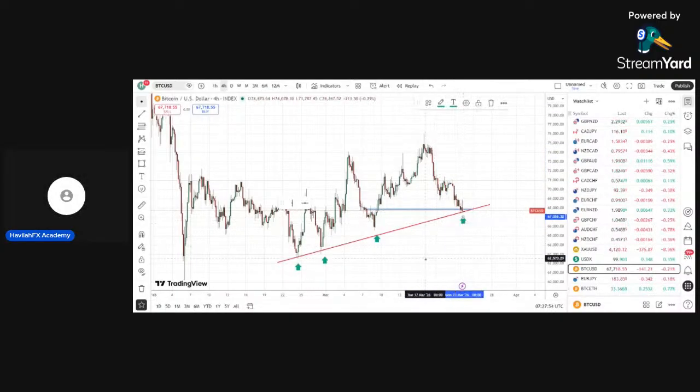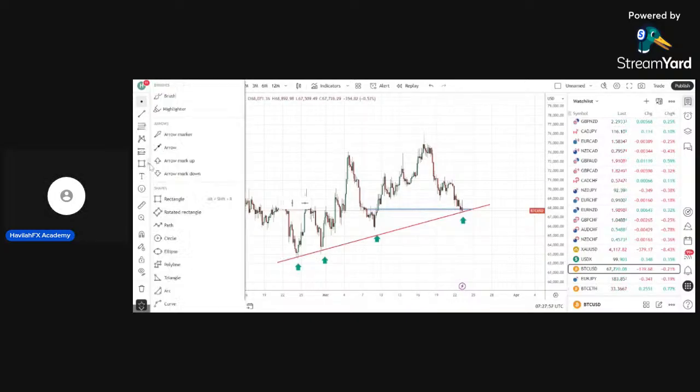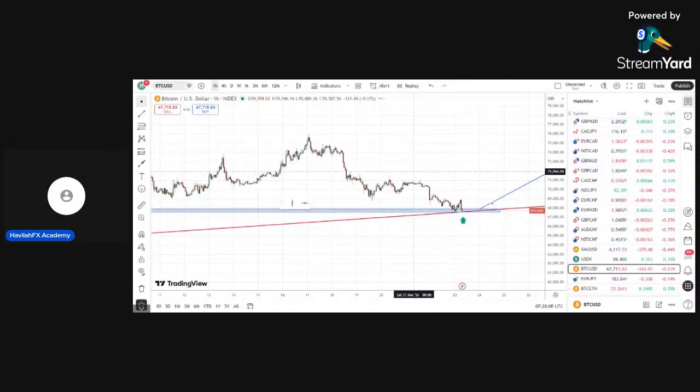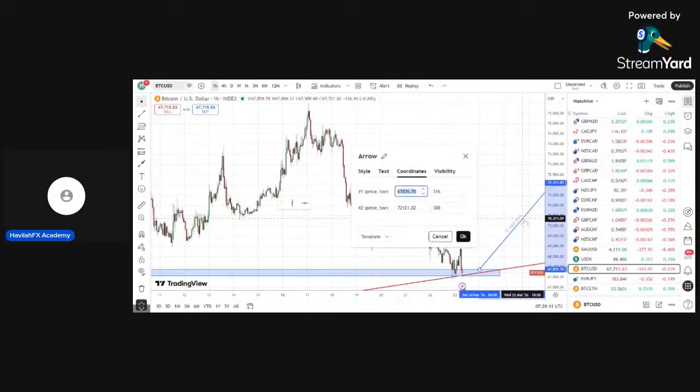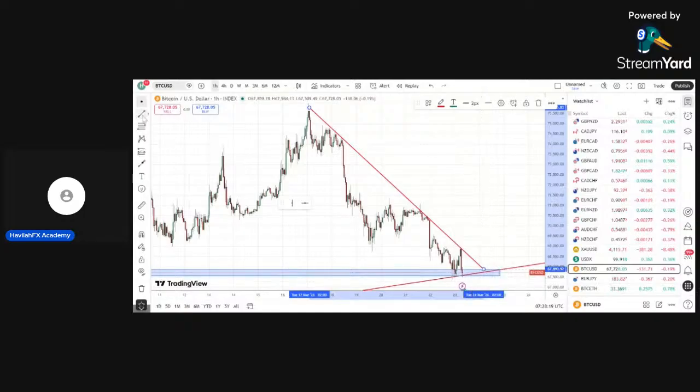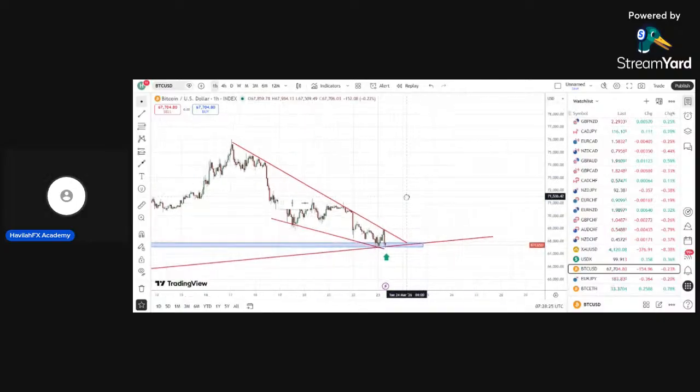Technically, this is the 4-hour, and we're still looking for that movement to the upside. So we can flip down to the 1-hour time frame and draw a trend line and a second one as we wait for a breakout to the upside. So we're very bullish on the BTCUSD.